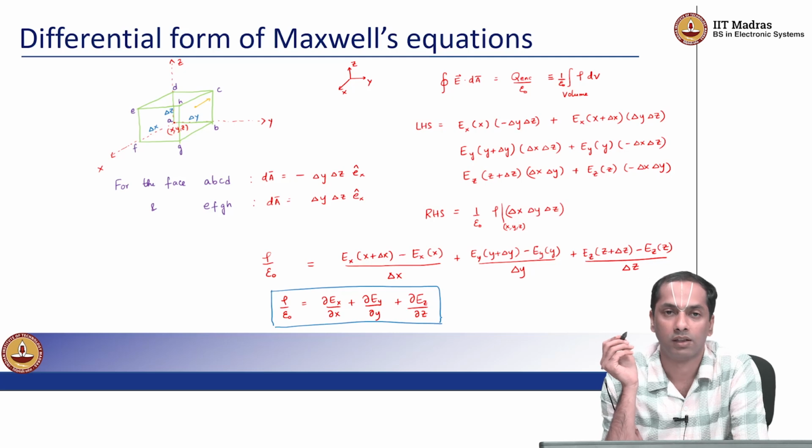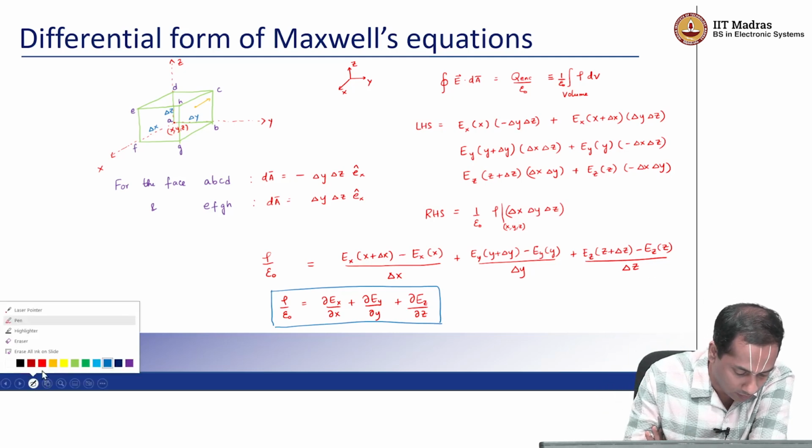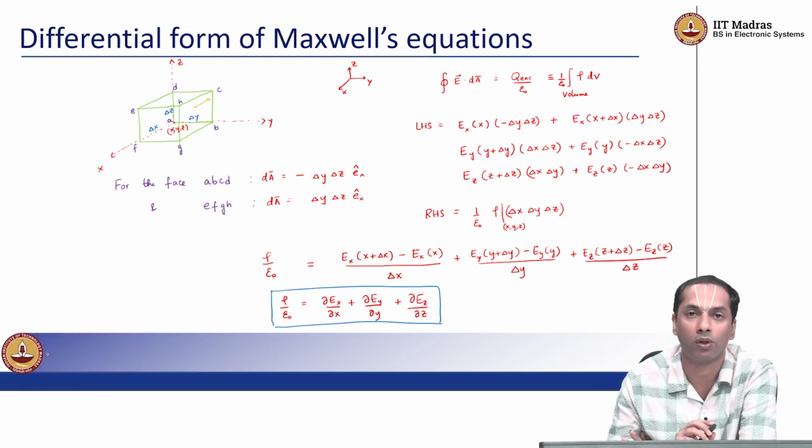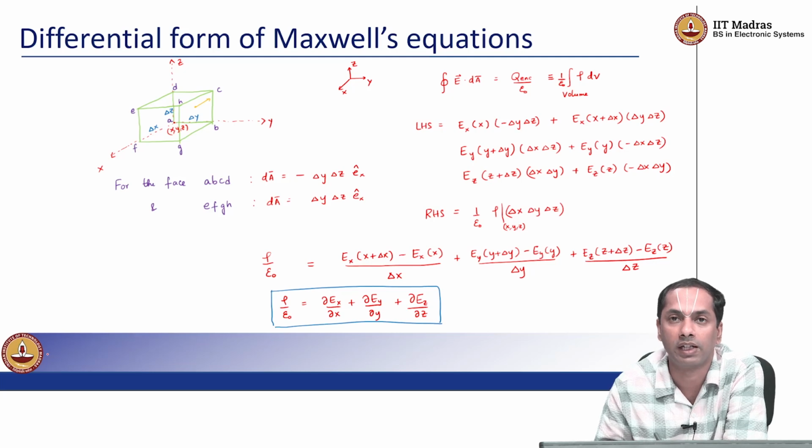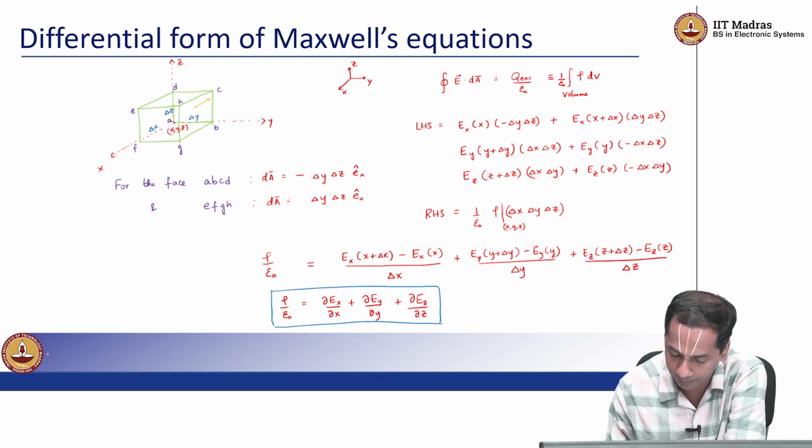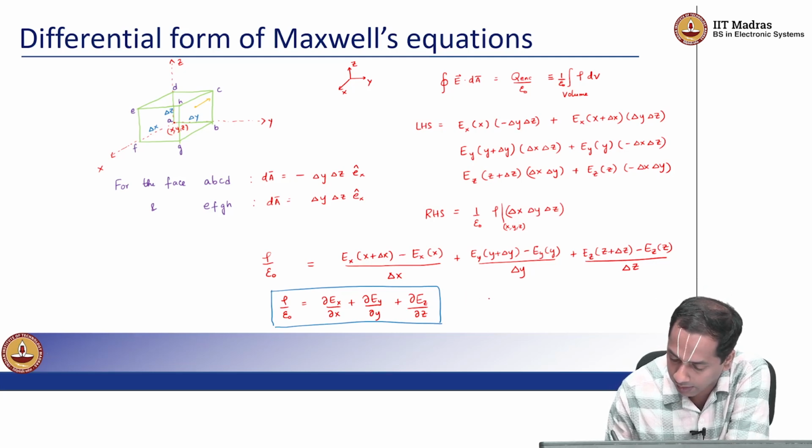Okay, so you can also write this using our new knowledge on using gradient operators, del. You can identify this as simply del dot E is rho over epsilon naught.